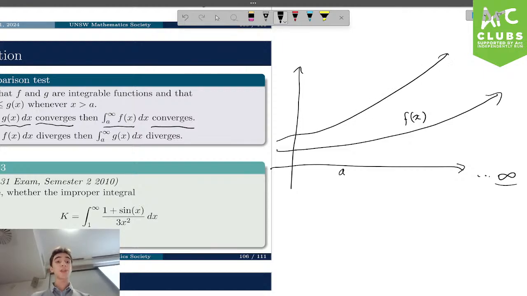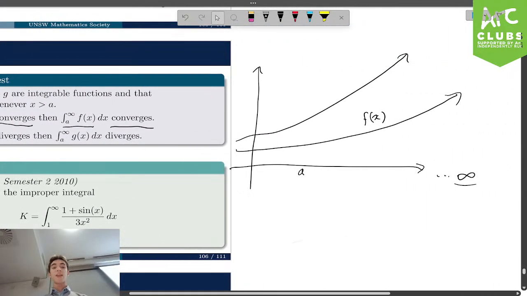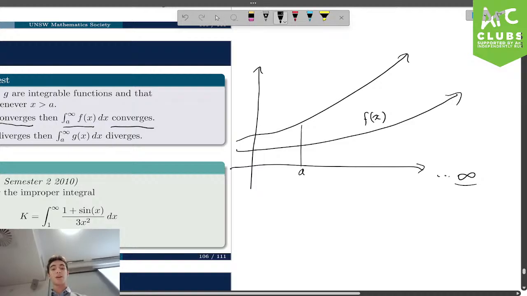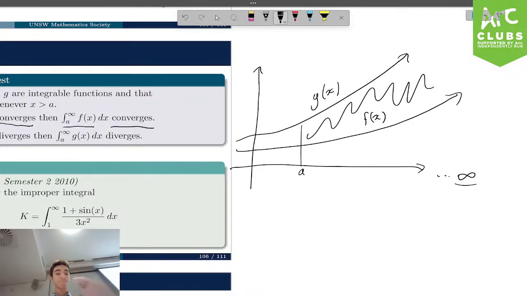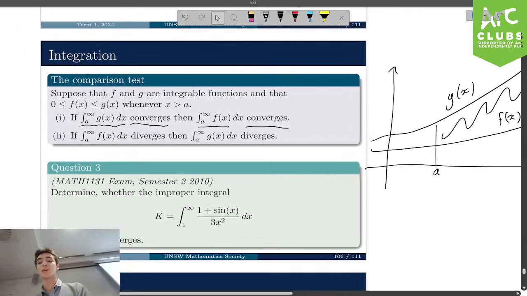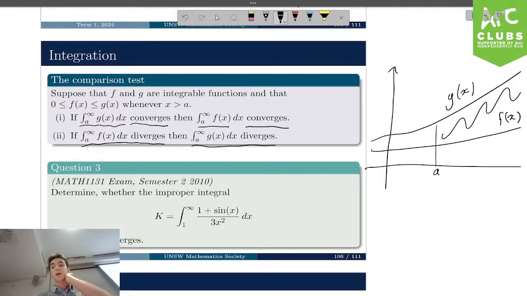And g of x is larger than f of x, so the area under g of x would also go to infinity, because it's strictly larger than the area under f of x. And this is what it says: if this smaller value goes to infinity, then this larger value must also go to infinity, okay?